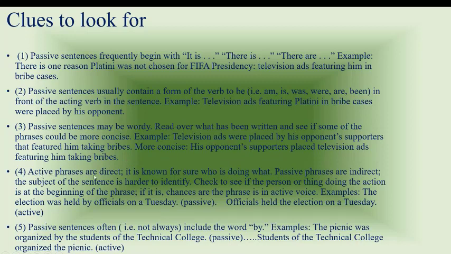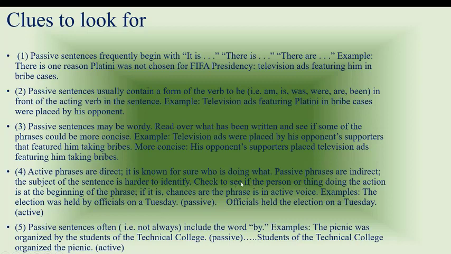Fourth, active phrases are direct. It is known for sure who is doing what, while in passive phrases it is indirect. That's because the subject of the sentence is harder to identify, because it's either omitted or at the end of the sentence or within the sentence.